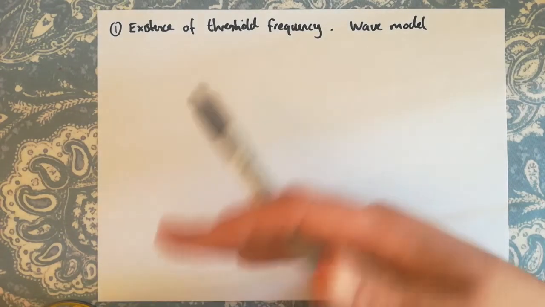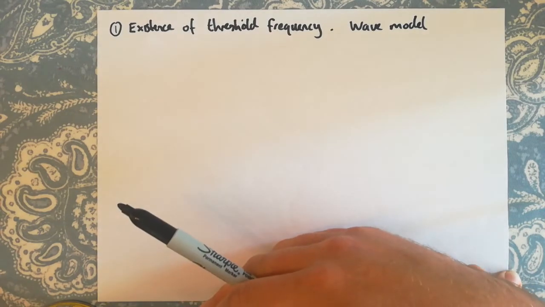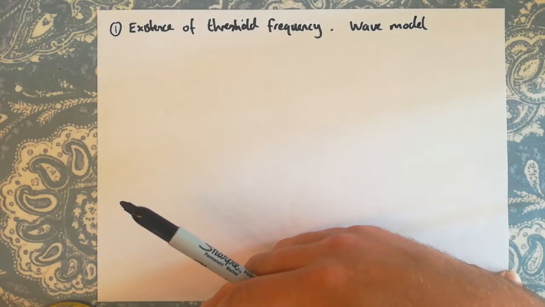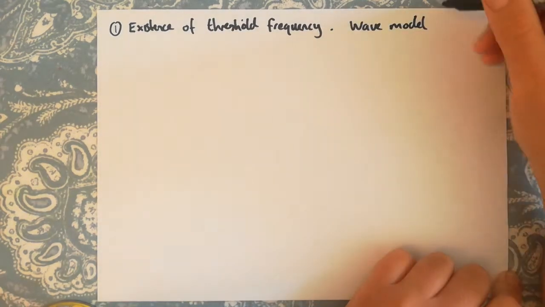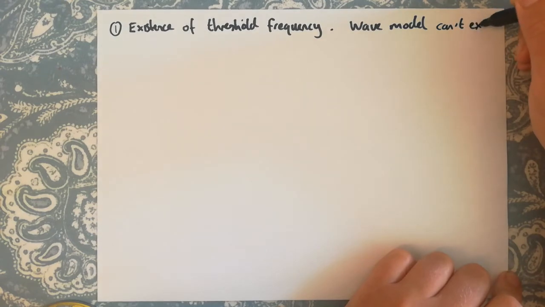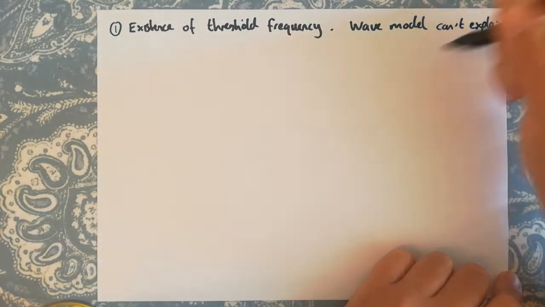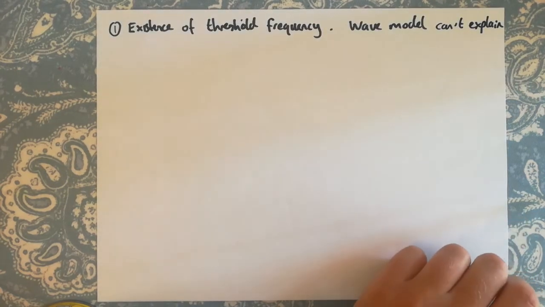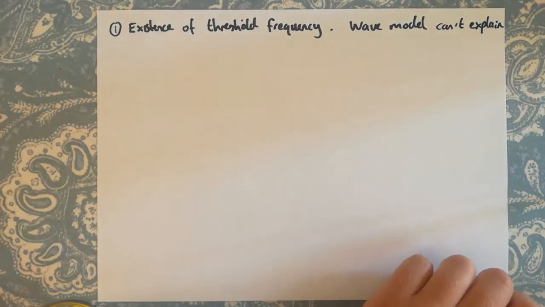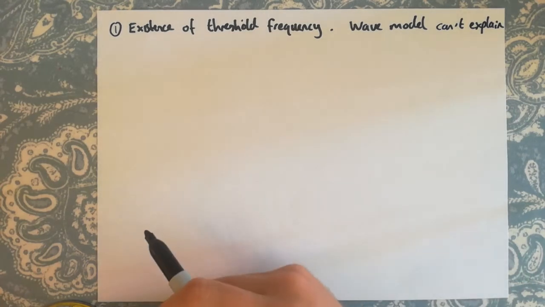Fundamentally, what that light is doing is delivering energy to the electrons that allows them to escape from the metal. If we're thinking about light as a wave, then changing the frequency should not affect the behavior of the electrons, because it doesn't affect the energy being delivered to the surface.